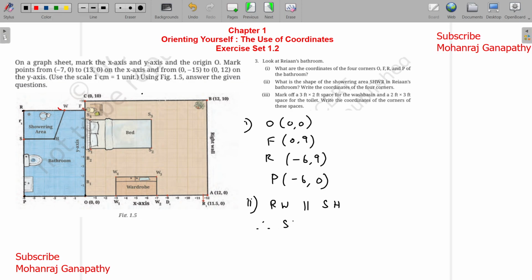Therefore, SHWR is a trapezium. Trapezium is a type of quadrilateral, right? Third, mark off and then write the coordinates of the four corners. They asked us to find coordinates.